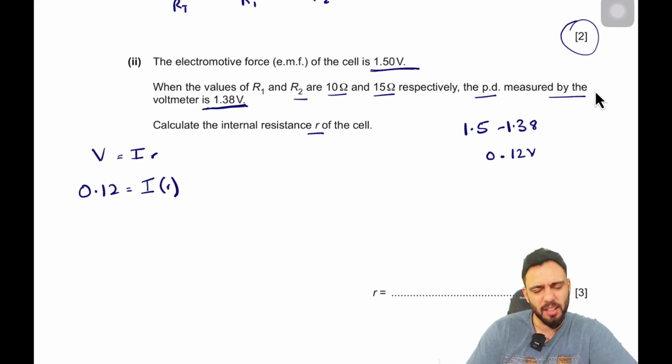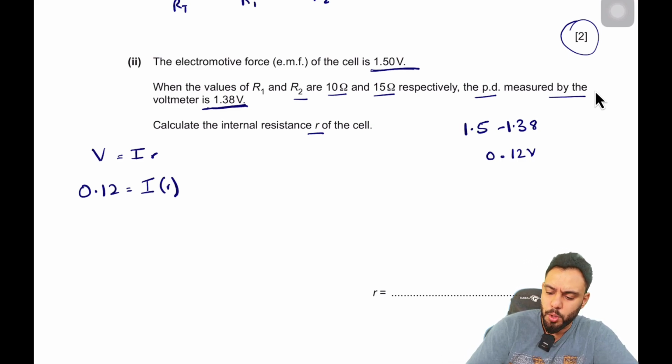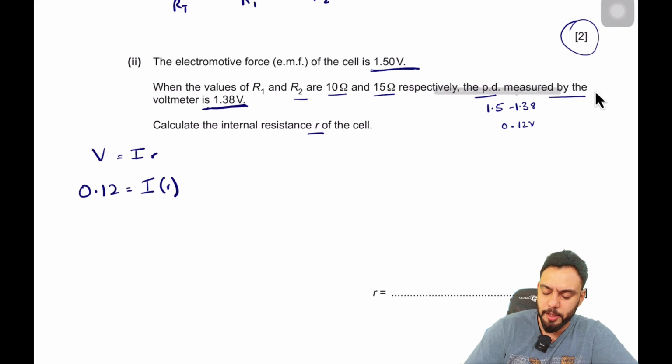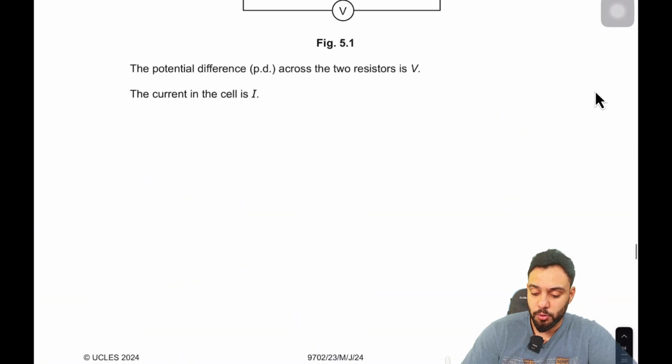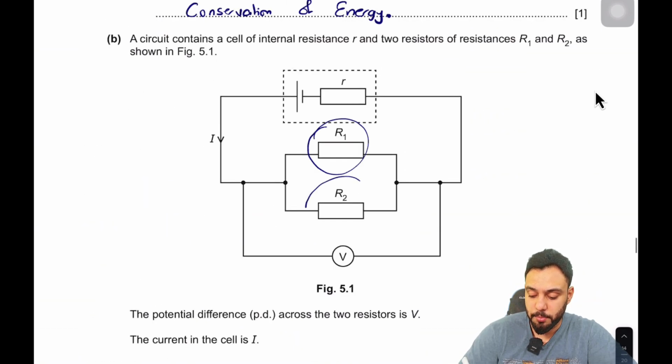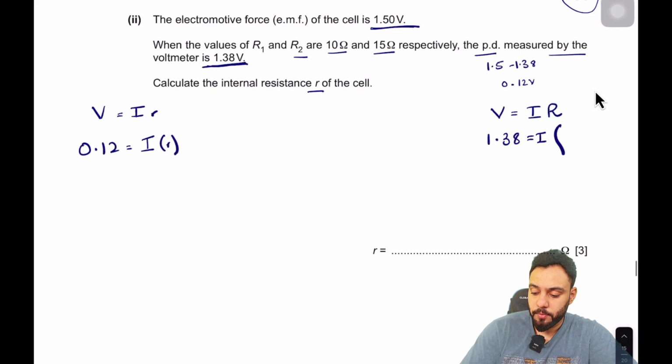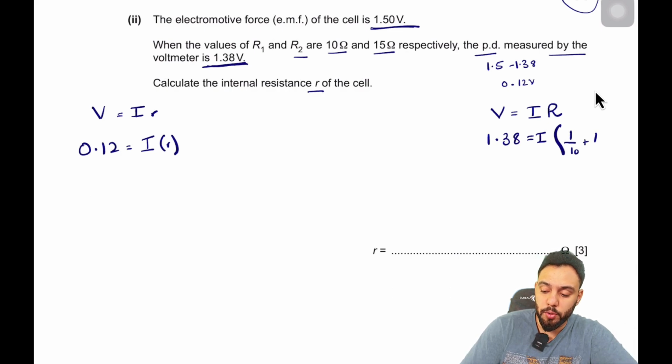For calculating the current, it's very similar to a question we did in the previous question paper of May-June 2024. You can use V equals IR. Since the voltage is 1.38, you're required to calculate the current, but the total resistance of these two is not 10 plus 15, rather it's 1 over 10 plus 1 over 15, and you invert that.